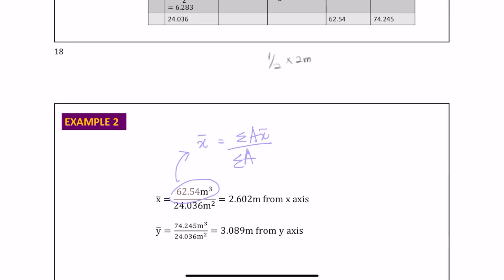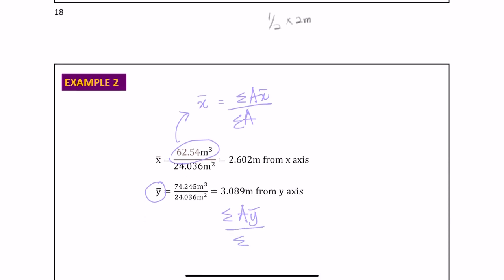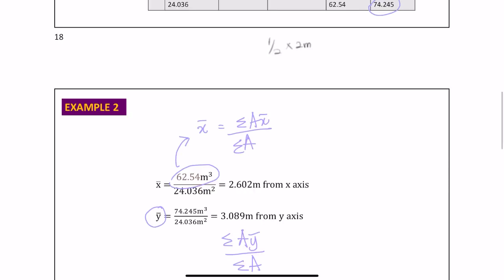It is 2.602 meter from x-axis. And for y bar, 74.245, which is the total of AY bar bahagi dengan total area 24.036. You will get 3.089 meter from y-axis.